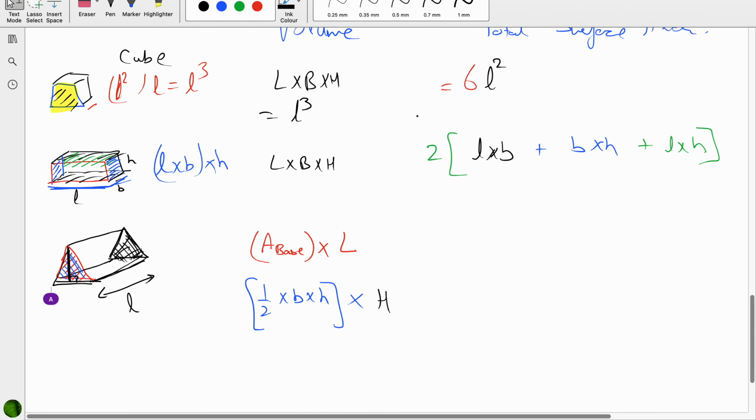And total surface area, I can see 5 faces, 2 of the triangles, 1 by 2 into base into height, if I may label them 1 and 2, and then I can see 3 different rectangles, one at the bottom, second at the left hand side, and third on the right hand side.